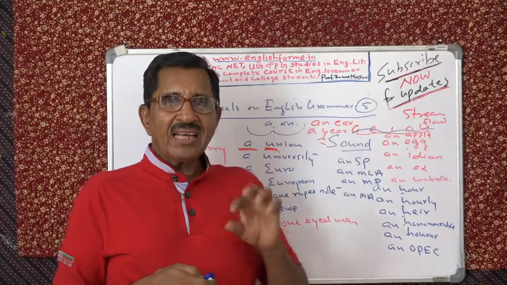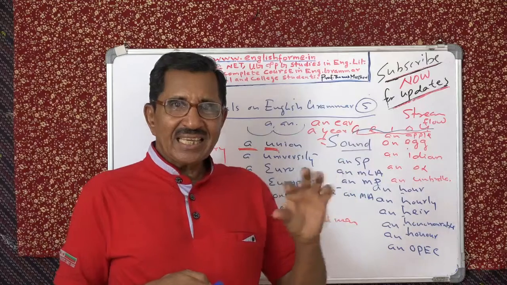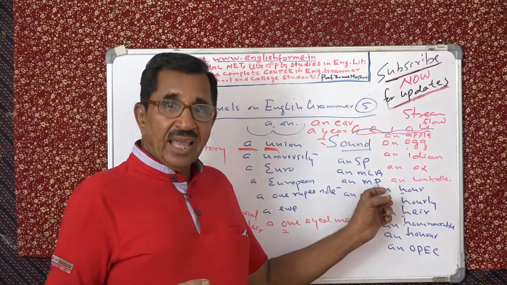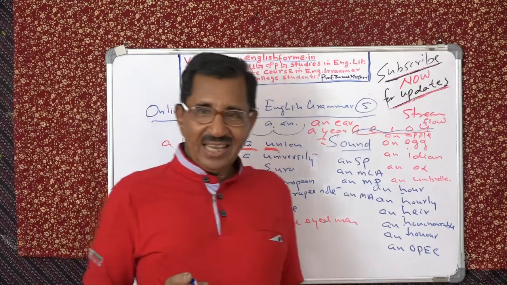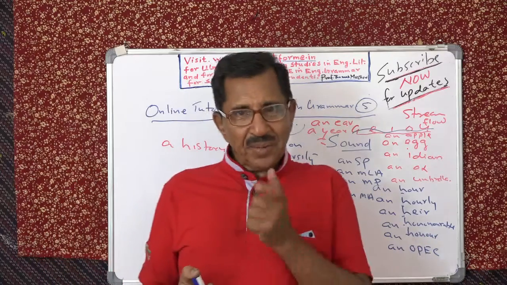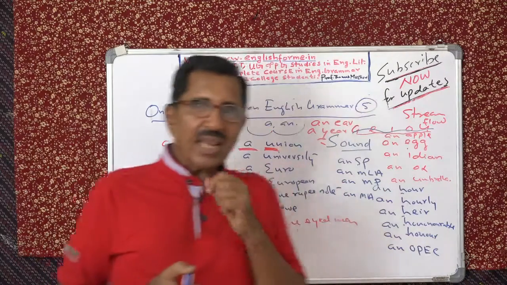The other is an year, Y-A-R, A-E-R. Listen. An Olympic, an auction, but a 1 rupee.